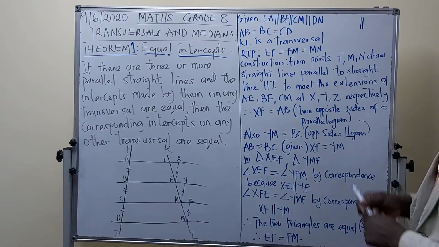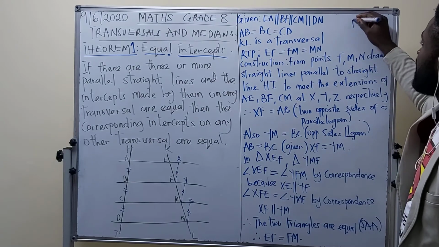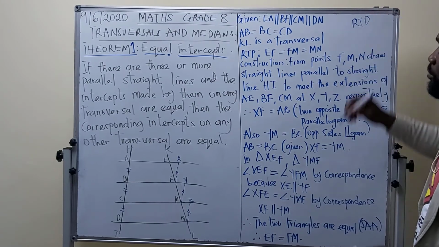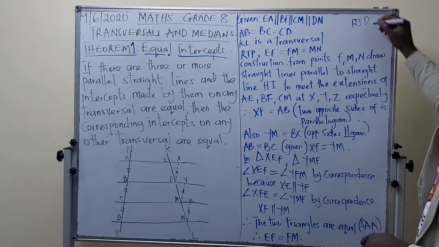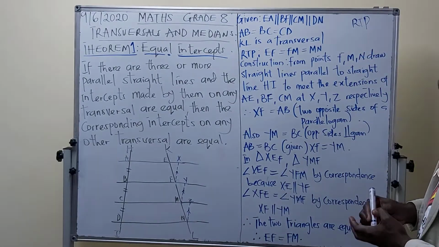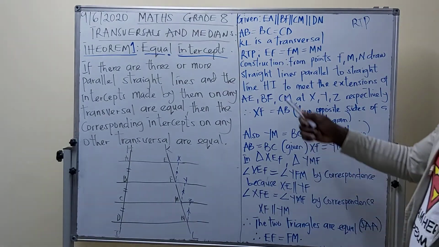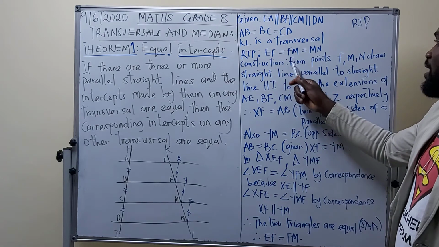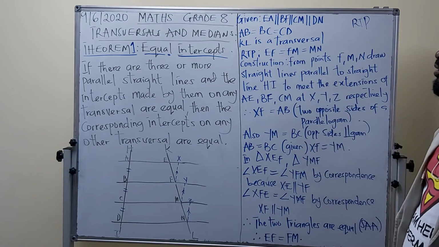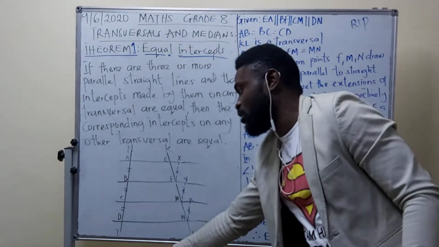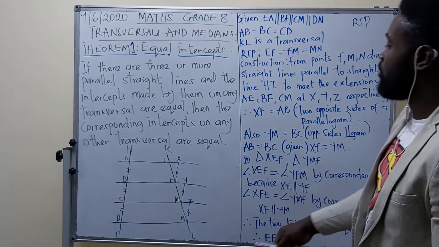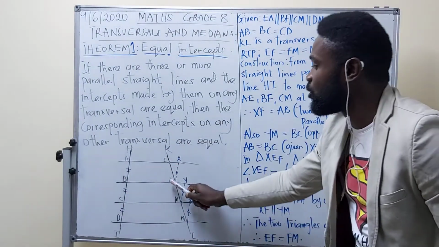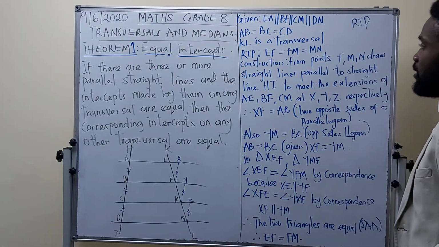I've told you before that RTP means required to prove. What is required of you to prove? That EF equals FM and FM equals MN. We have been given already that these are all equal. Now we want to prove that the opposite sides are also equal. How can we do this?